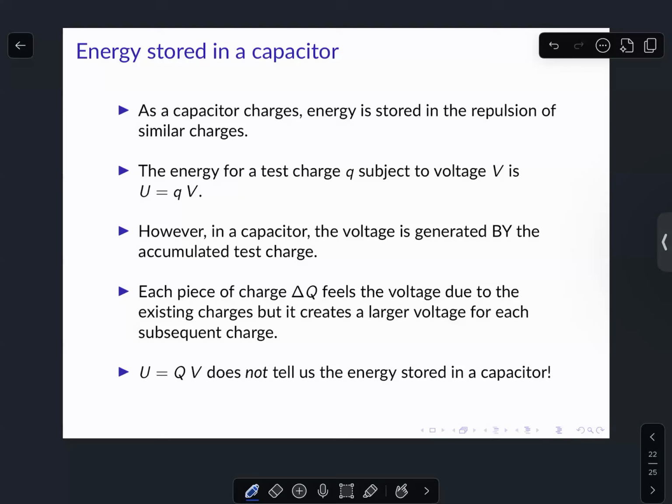So Q times V does not work for a capacitor. Think about charging a capacitor from an initial uncharged state. Every bit of charge that I add onto the capacitor feels the voltage due to the charges that have already been packed in, and then it creates a larger voltage for the next charge to go on.